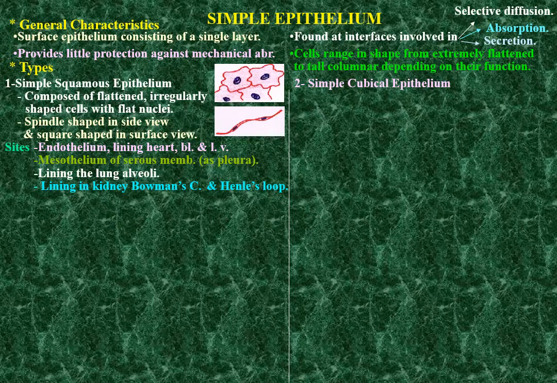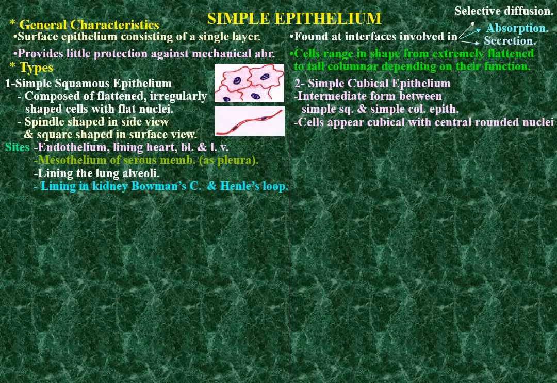Simple cubical epithelium. Structure. Simple cubical epithelium or cuboidal epithelium represents an intermediate form between simple squamous and simple columnar epithelium.